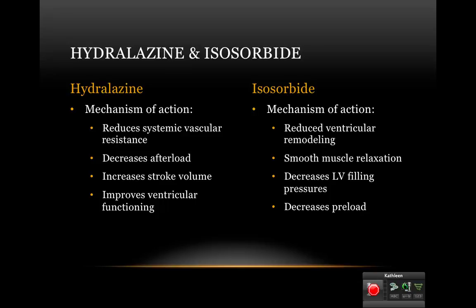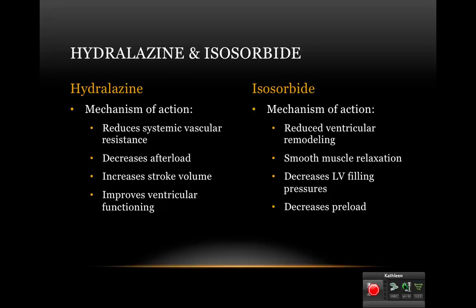The combination of hydralazine and isosorbide is reasonable for patients who have current or prior symptoms of heart failure and reduced left ventricular ejection fraction, who cannot tolerate or be given ACE or ARB because of drug intolerance, increased K, or renal insufficiency.